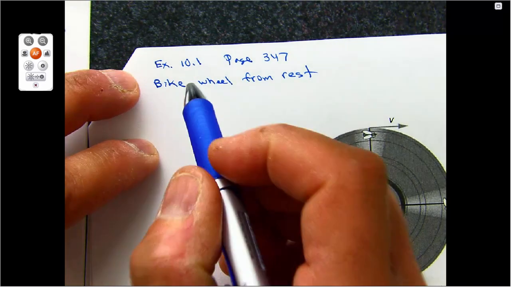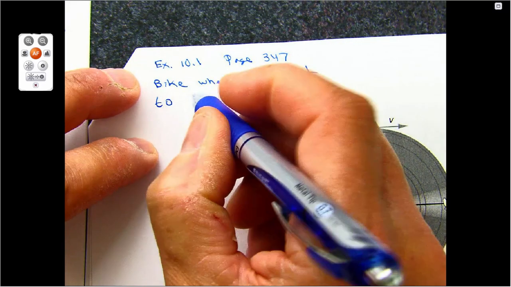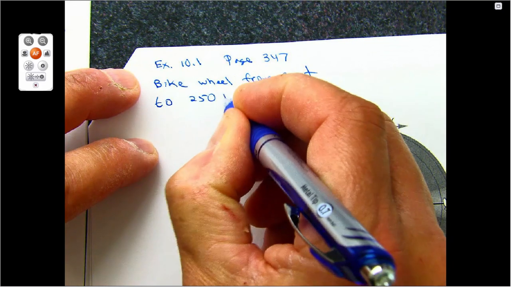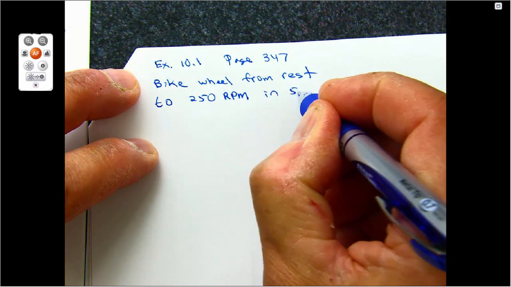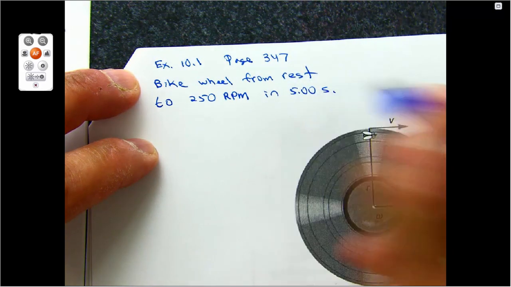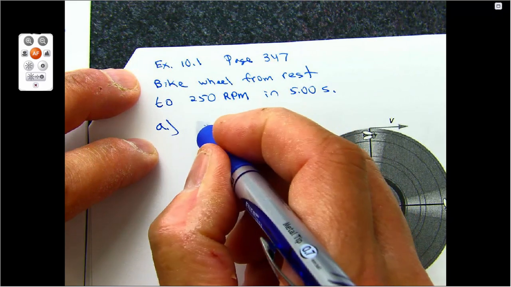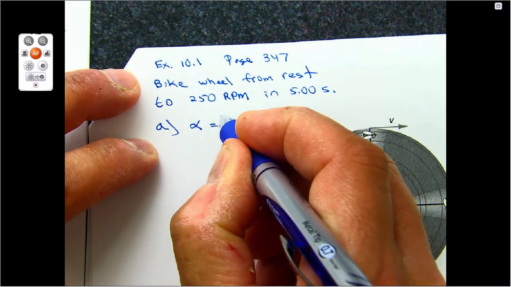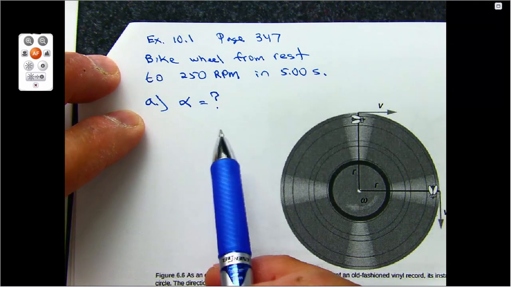Okay. So bike wheel from rest to 250 RPM in 5 seconds. We want to calculate the rotational acceleration.